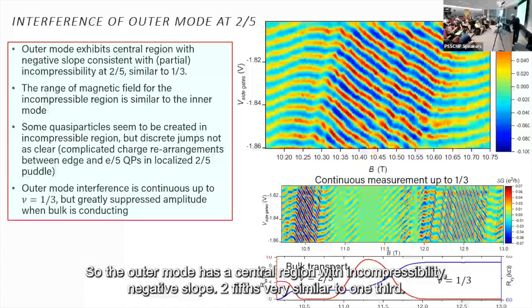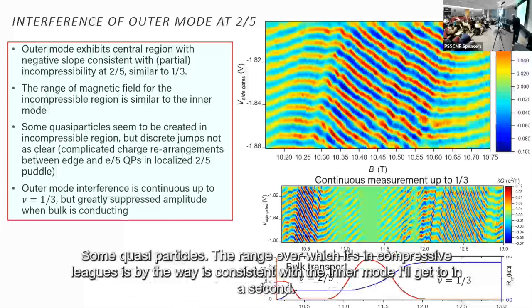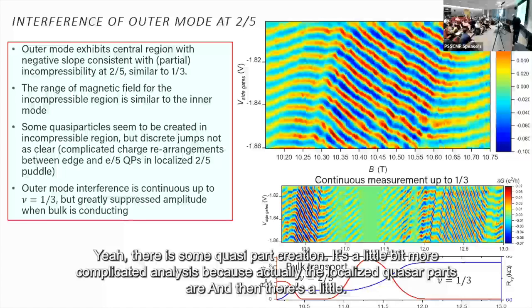So the outer mode has a central region with incompressibility, negative slope at 2/5, very similar to 1/3. Some quasi-particles, the range over which this incompressibility exists, by the way, is consistent with the inner mode I'll get to in a second. You know, there is some quasi-particle creation.